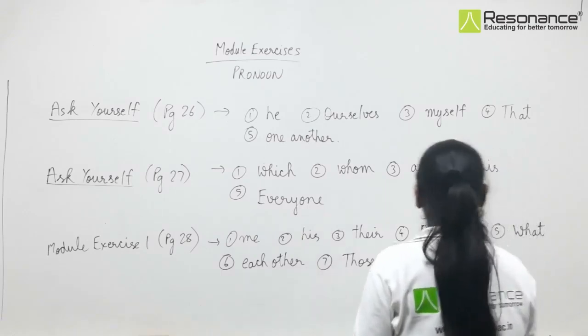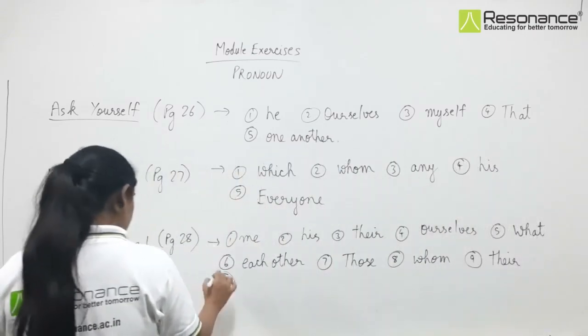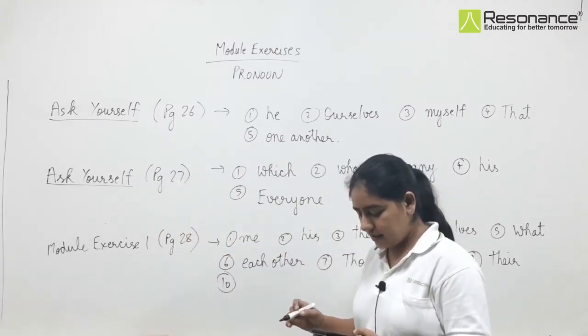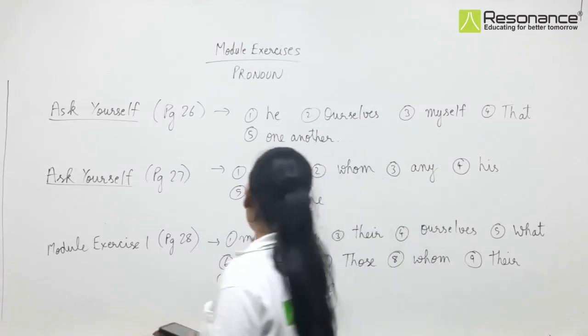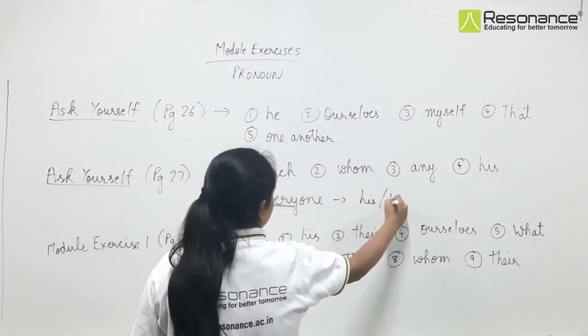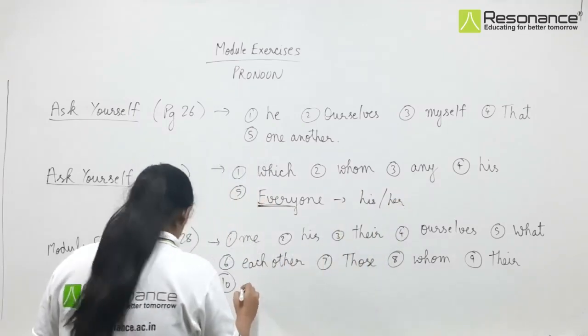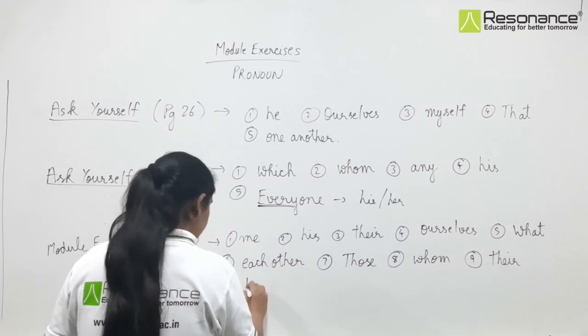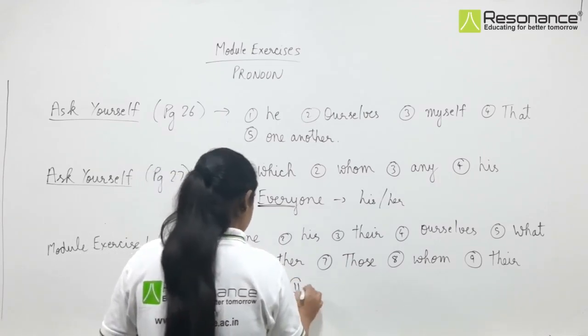Then 10th. In case of 10th, every man has dash own taste. So whenever you use every, I told you whenever we use every, the possessive case is his or her. Fine. So here again, every man has his own taste is the right answer.